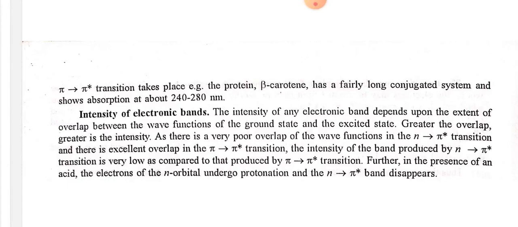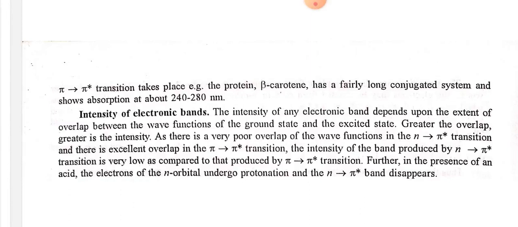Intensity of electronic bands. The intensity of an electronic band depends on the extent of overlapping between the wave function of the ground state and the excited state. The greater the overlapping, the greater is the intensity. There is very poor overlapping of wave functions in the n to pi star transition, and an excellent overlap in the pi to pi star transition.